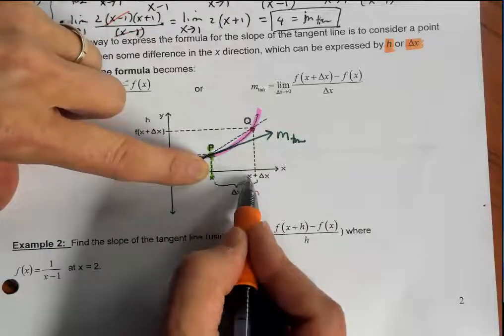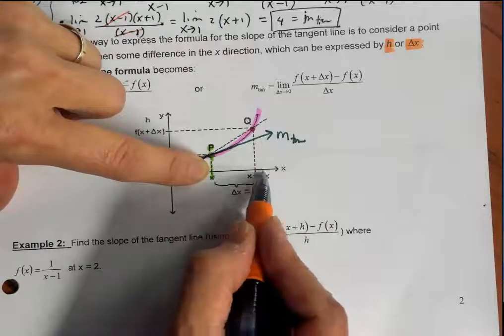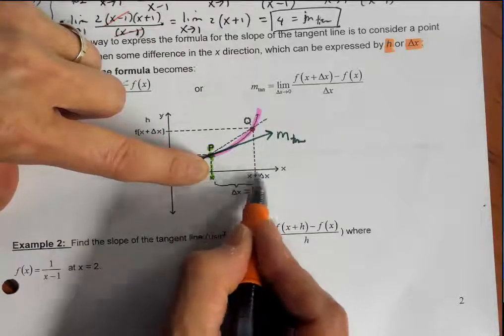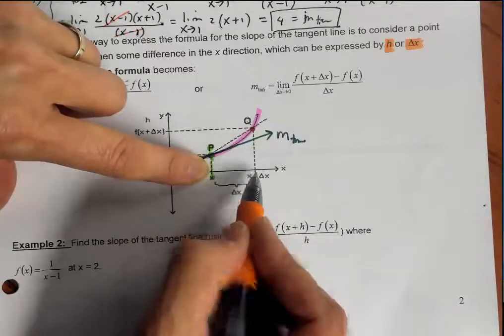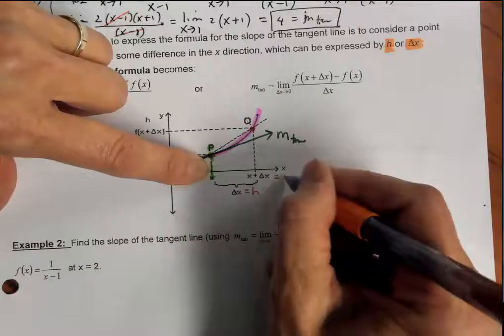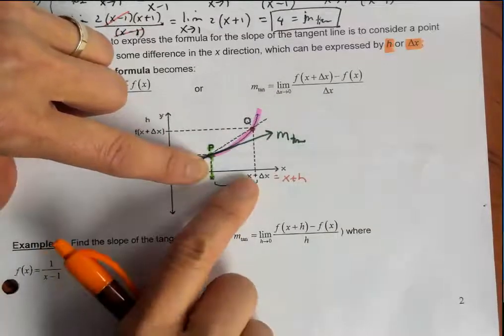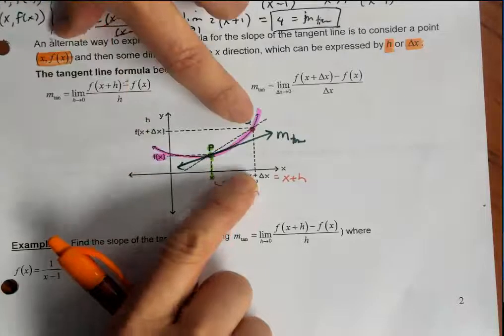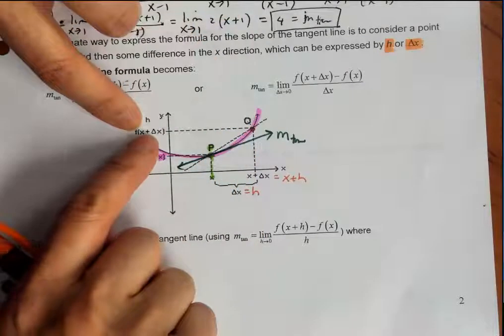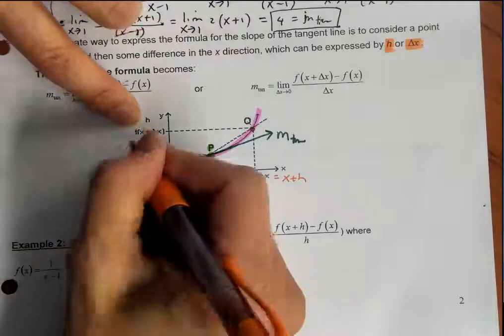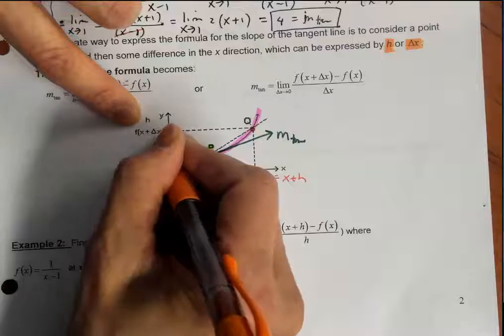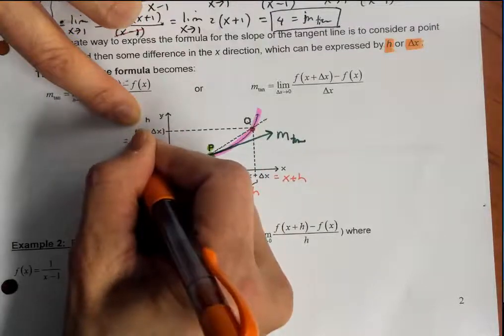So x plus delta x is going to be this point that is the Q point for the x, and that is equivalent to x plus h. Right, so that point right here. And then what matches up with the y value is going to be your f of x plus delta x, so that's the same thing as saying f of x plus h.